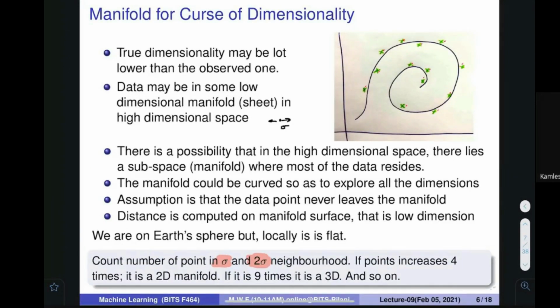You consider that particular area and see how many data points are there, and then you increase from sigma to 2 sigma and again see how many data items are there.